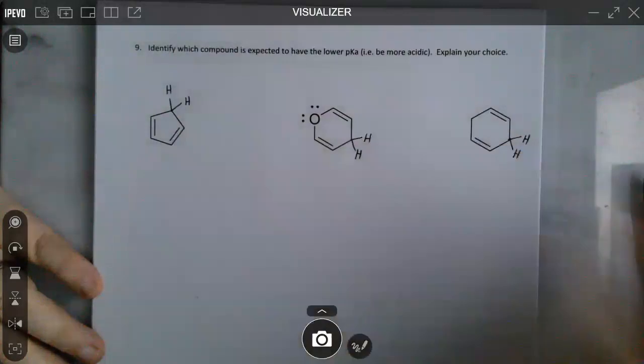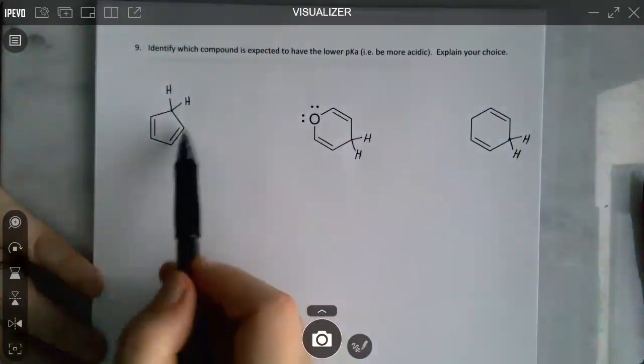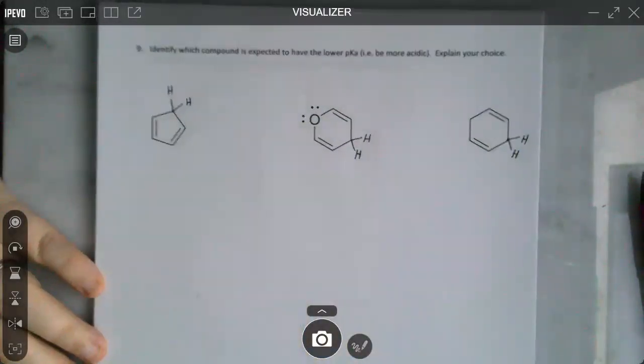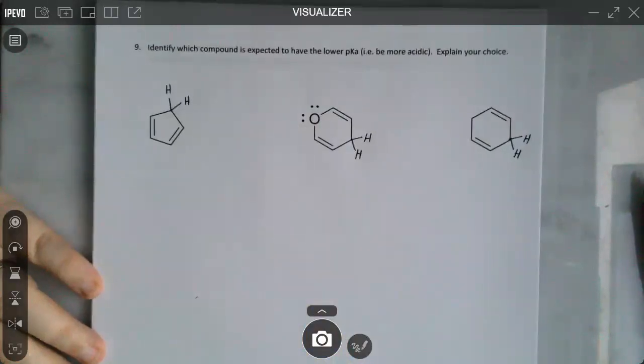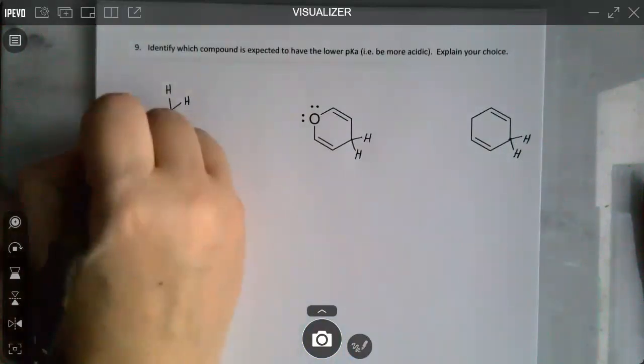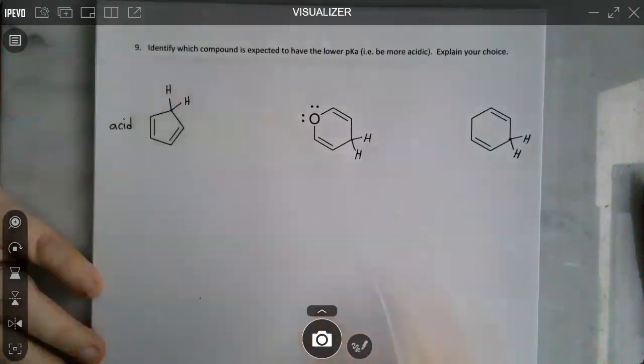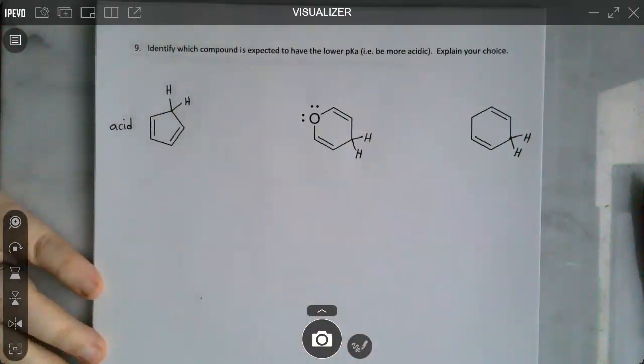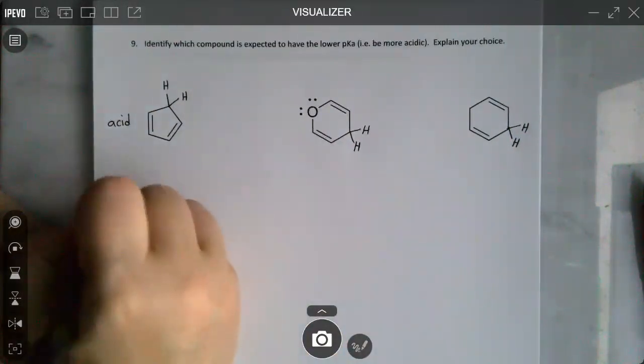You could think of any one, but typically hydrogens attached to an sp2 hybridized carbon are not going to be very acidic. So if we think about these acting as an acid, that means that they can lose a proton to become the conjugate base.